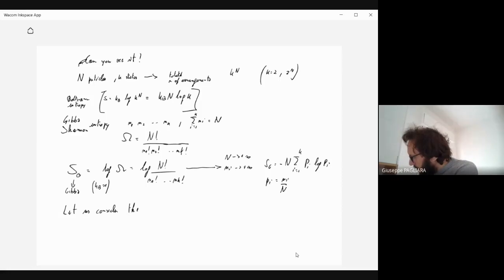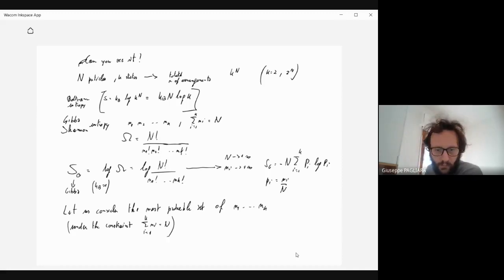Then we said, okay, let us consider the most probable set of n1 to nk, under, this is important, under the constraint that the sum of n_i is equal to n. So let's consider the Gibbs entropy associated with the most probable configuration of n1 to nk, under the constraint that the sum of n_i is equal to n.